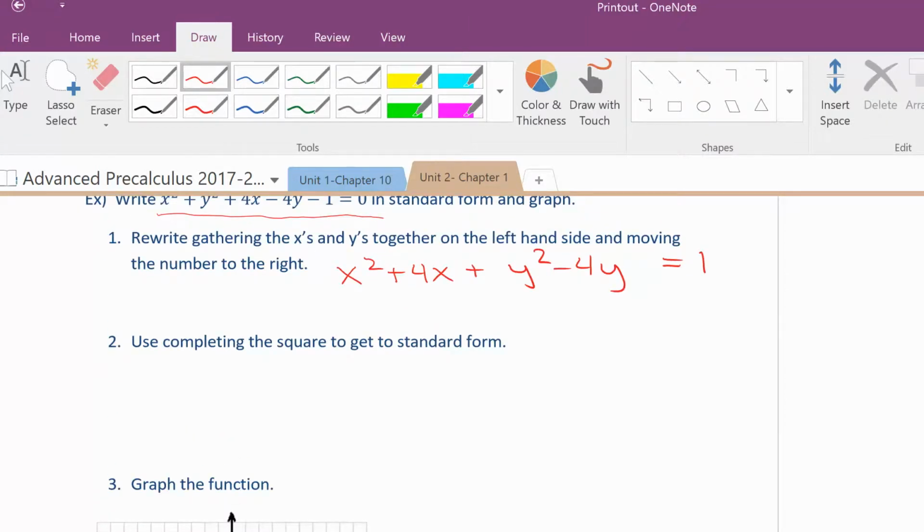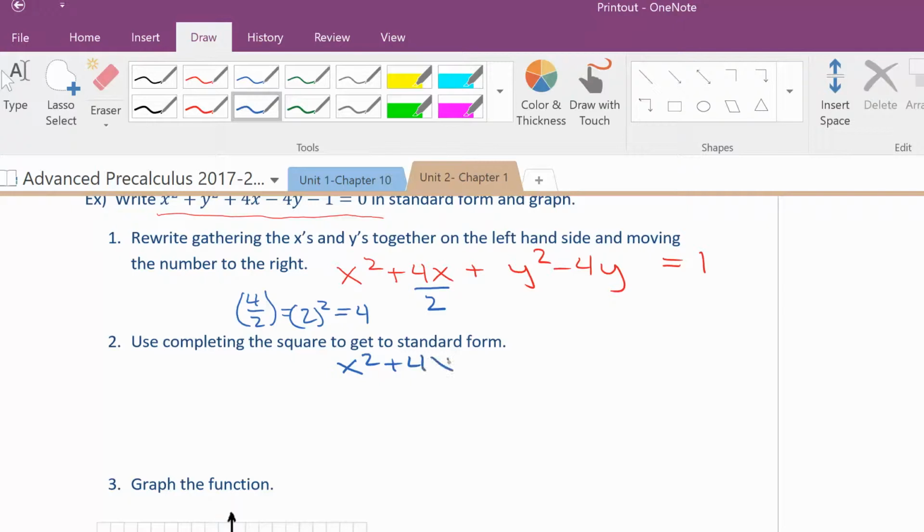Then for each of the x's and y's, you're going to do what's called completing the square, and you did this in Algebra 2. So for the x's, I'm going to divide by 2. So 4 divided by 2 is 2. And then I'm going to square the 2 to get 4. So that's the number I'm going to add here.